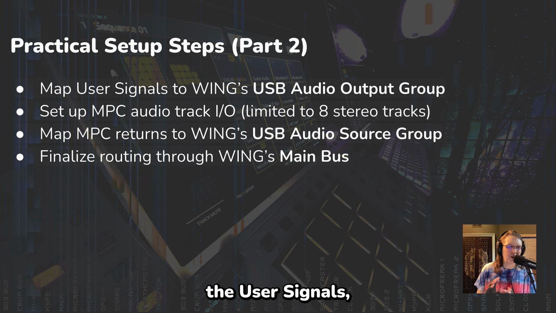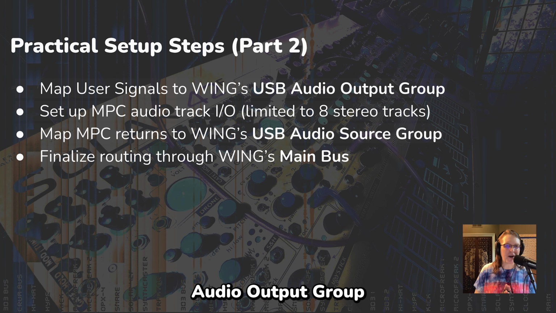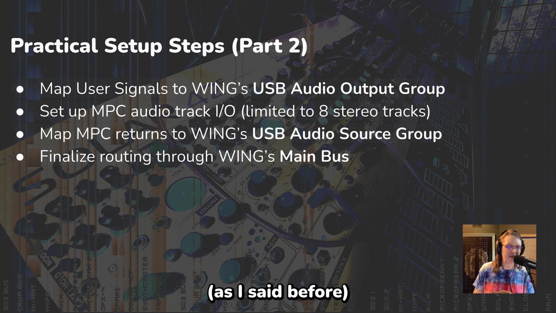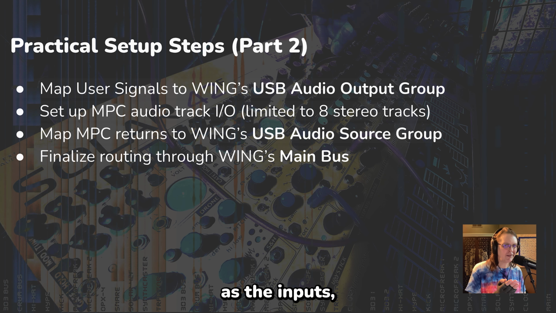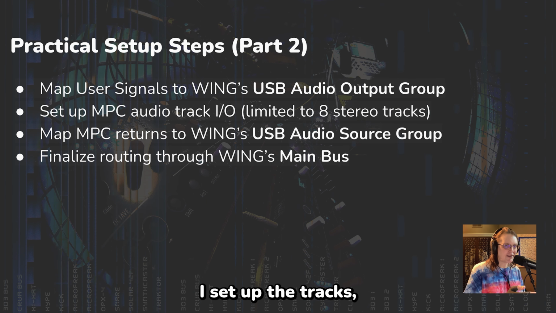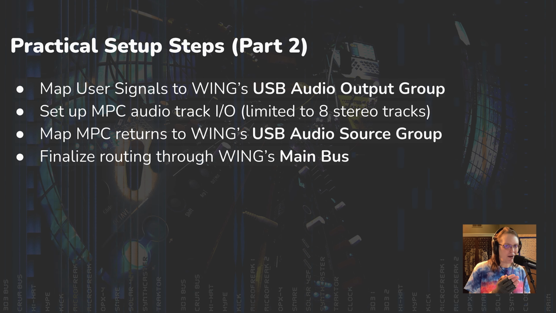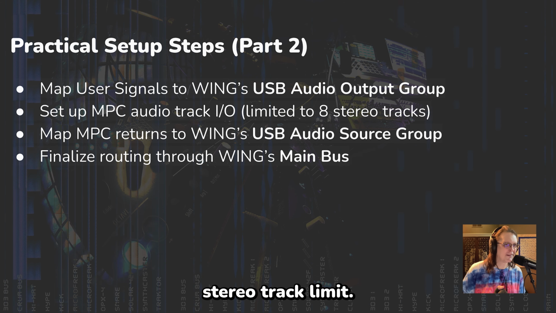So from the user signals, those are routed back to the USB audio output group, as I said before, which show up on the MPC as the input channels. And over on the MPC, I set up the tracks, I assign the I/O, and I keep in mind that 8 stereo track limit.